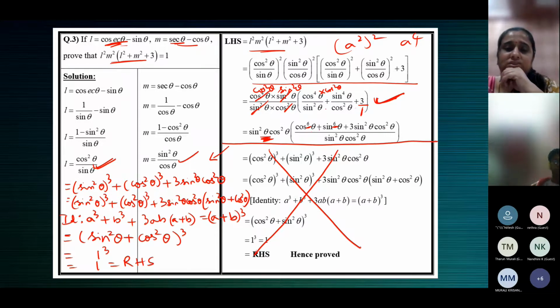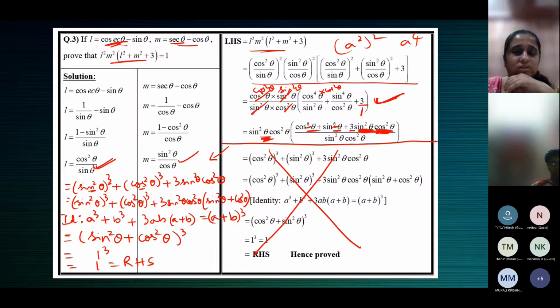Now write this in the form a cubed plus b cubed plus 3ab. So see, this is 3, this is a and this is b. So a is sine square theta, b is cos square theta. So this is a cubed, see the cube here.